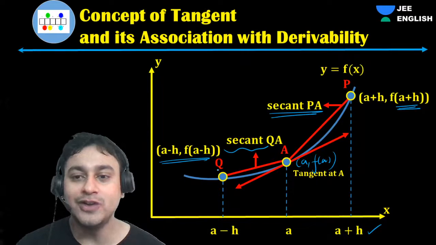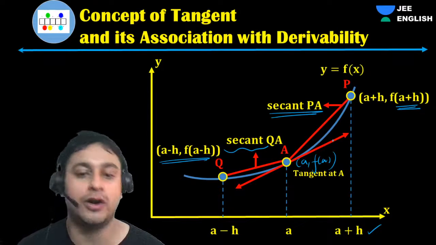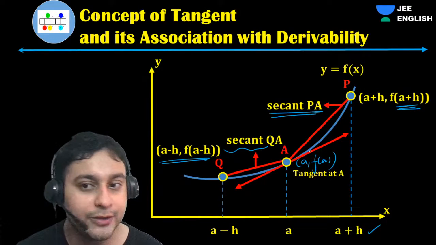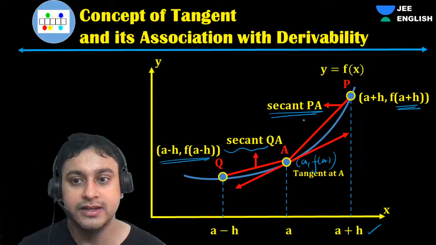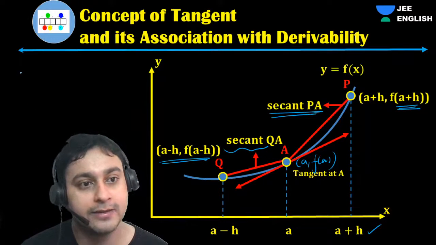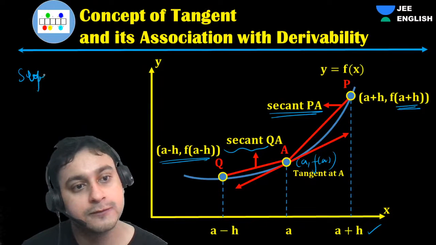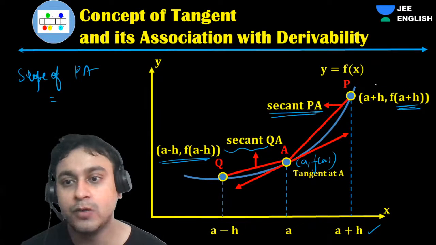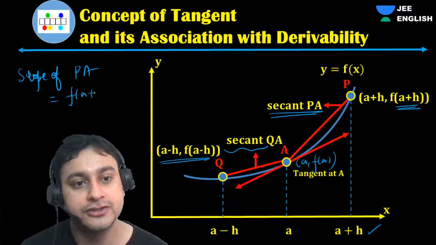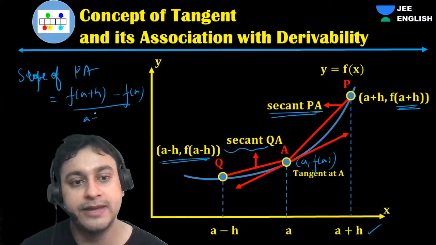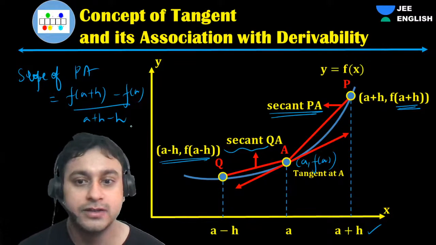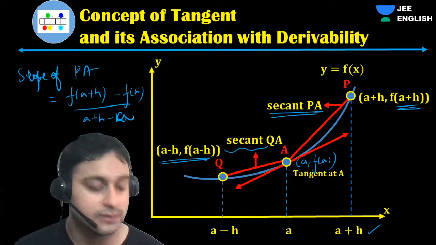If I ask you the slope of the chord, you know very well, y2 minus y1 upon x2 minus x1. So the slope of chord PA, y2 is f of a plus h minus f of a, y2 minus y1 upon x2 minus x1, that will be a plus h minus a, right?